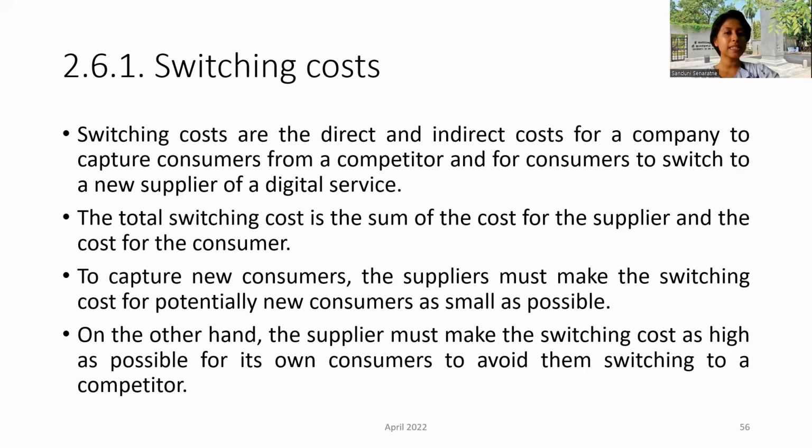So if a company desires to attract more and more new customers, then their action plans should be to make the switching cost for the new consumers less and less. If the switching cost for a consumer is less, then there is a higher tendency for that consumer to leave their current service provider and come towards us. So the goal of a company should be to reduce this switching cost that can be incurred by a consumer.